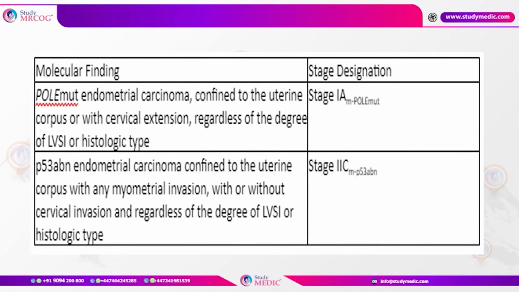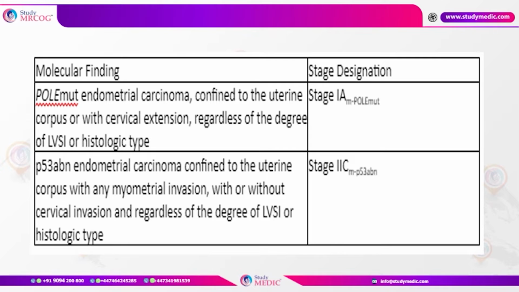So whenever the question mentions the molecular pathology or what is the mutation associated with the endometrial cancer, then you have to designate it with a subscript. So if it is a POLE mutation, automatically it is a very good prognosis. Automatically the stage becomes 1A, and here you have to write it as POLE mutated.